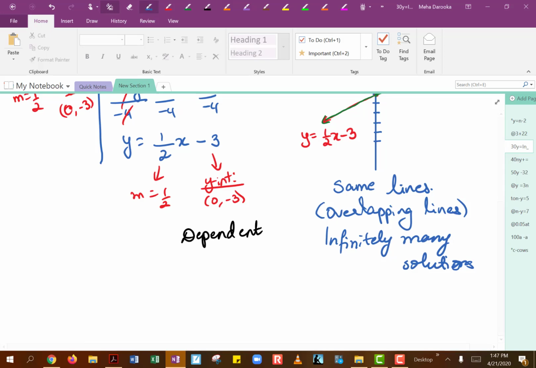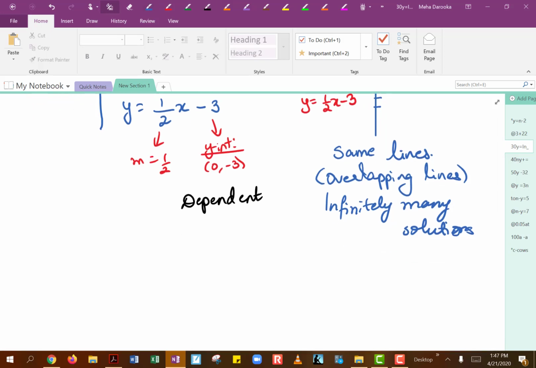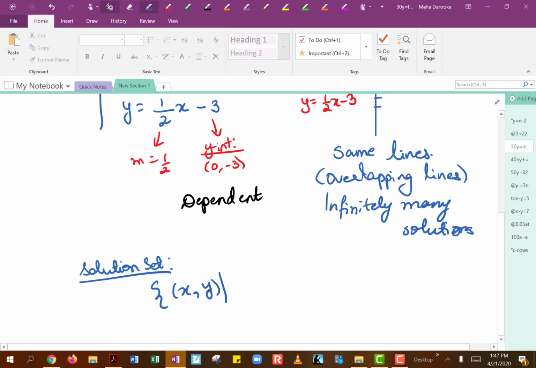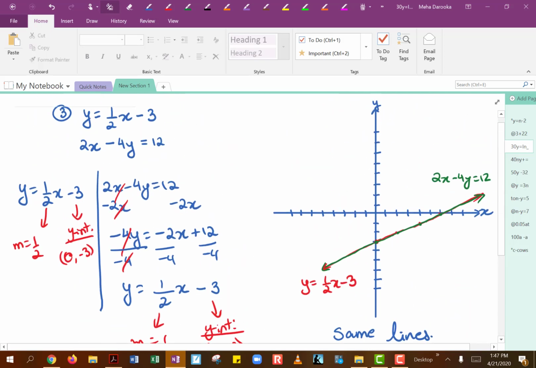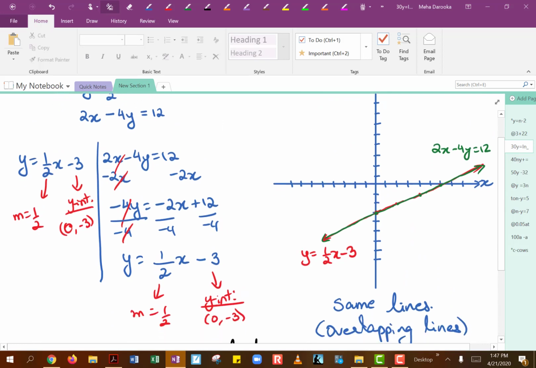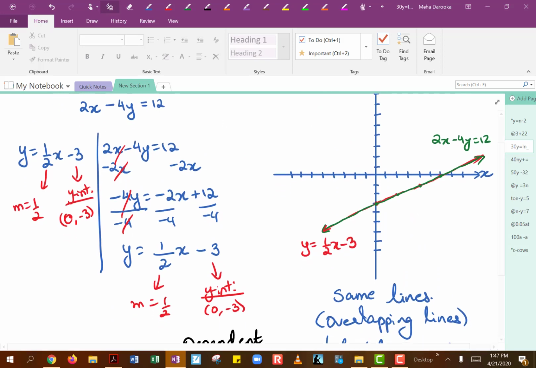And sometimes when they want you to write the solution set, they will have you write it in set builder notation, where you say the ordered pair (x, y) comes from one of these equations, and it doesn't matter which equation you write down as long as you write down one of them.